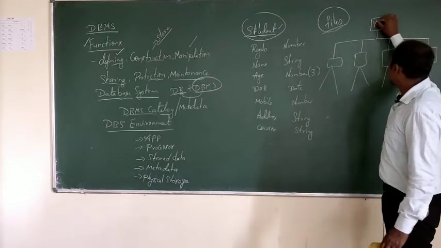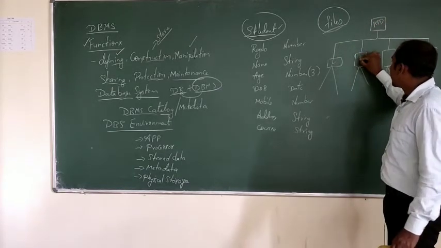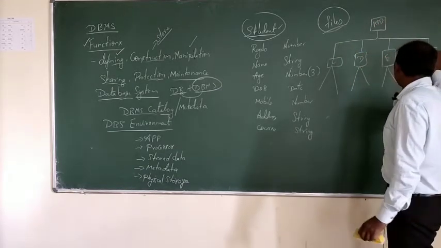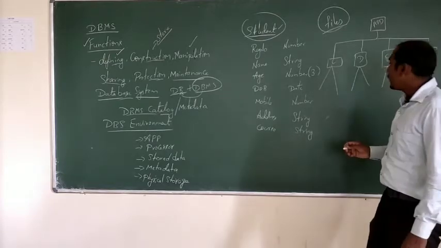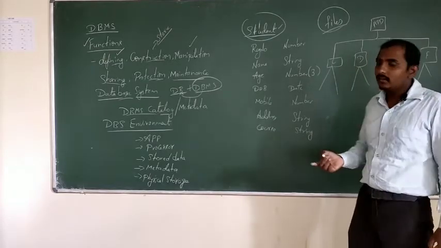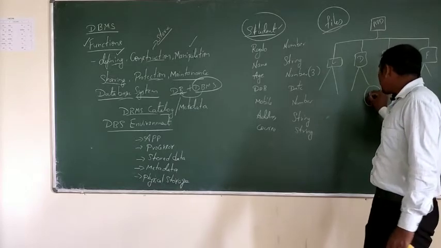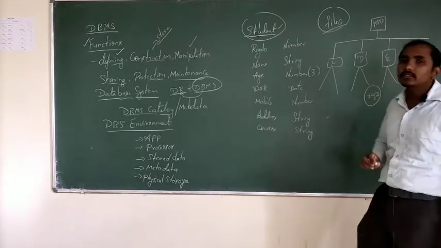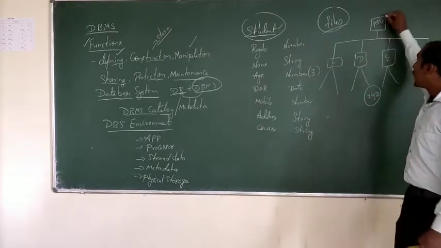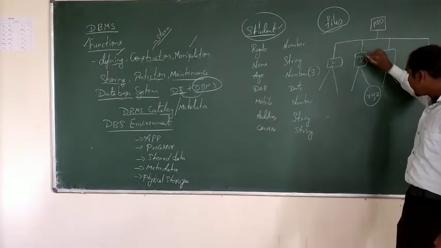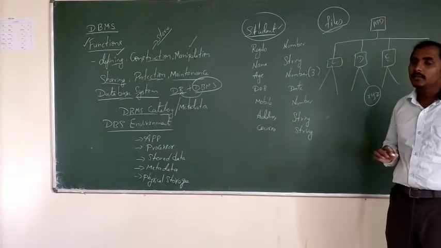Suppose it has drives: C drive, D drive, E drive, F drive, and I'm searching for a file named XYZ. We first go to the hard disk, next to the D drive, and from the D drive we access XYZ.